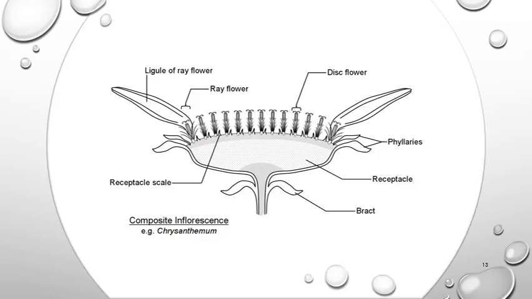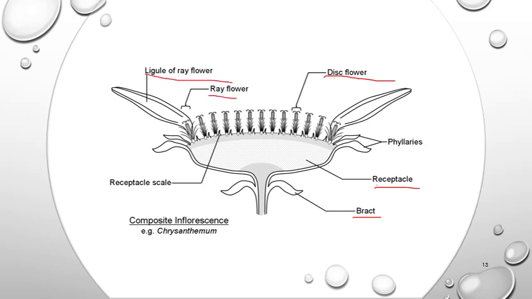Here we have a black and white view of this composite inflorescence, the capitulum. This indicates the bracts, and these bracts are referred to as involucre. Then this is the receptacle, and at the top of the receptacle it possesses disc florets, and at the periphery it possesses ray florets or ray flowers.